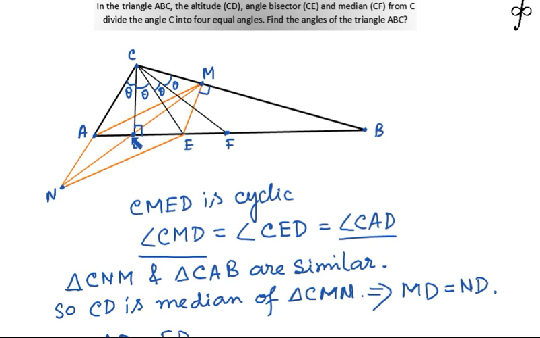So AD must be equal to ED. So AD equals ED and MD equals ND. That means the quadrilateral ANEM must be a parallelogram, because AE and MN have a common midpoint, that is D. They are bisecting each other.